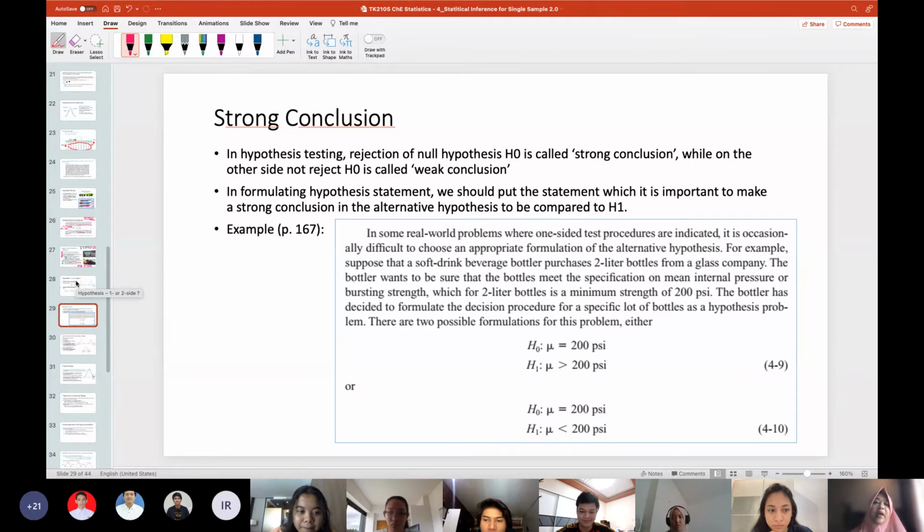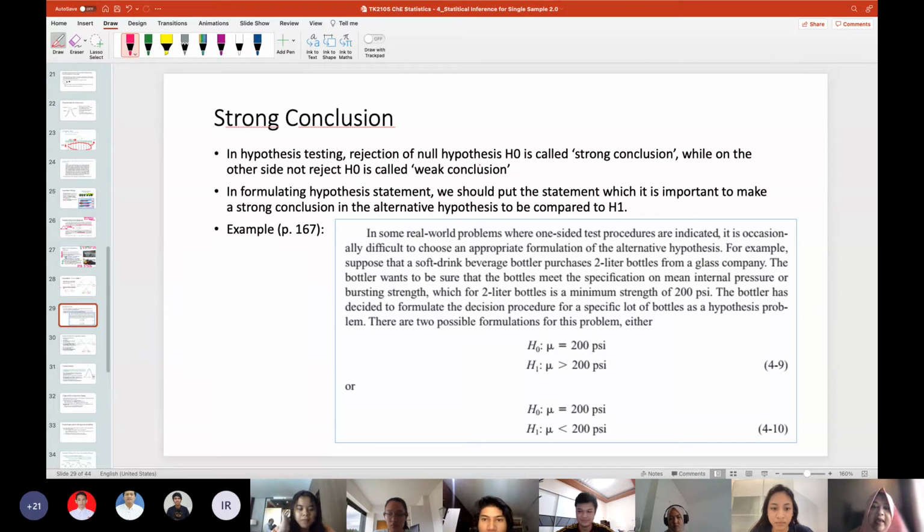Okay, so in hypothesis testing, the rejection of the null hypothesis H0 is called a strong conclusion. While on the other side, if we do not reject H0, it is called a weak conclusion.